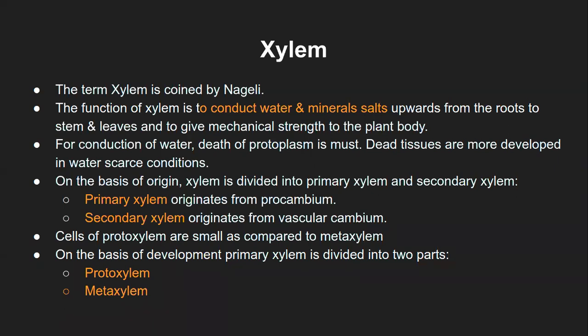So it's nothing different from cytoplasm. It's just like how we call a baby and an adult. The protoplasm is like a baby and cytoplasm is like an adult which is well grown. So the death of protoplasm is a must for the conduction of water. Now you would imagine why.